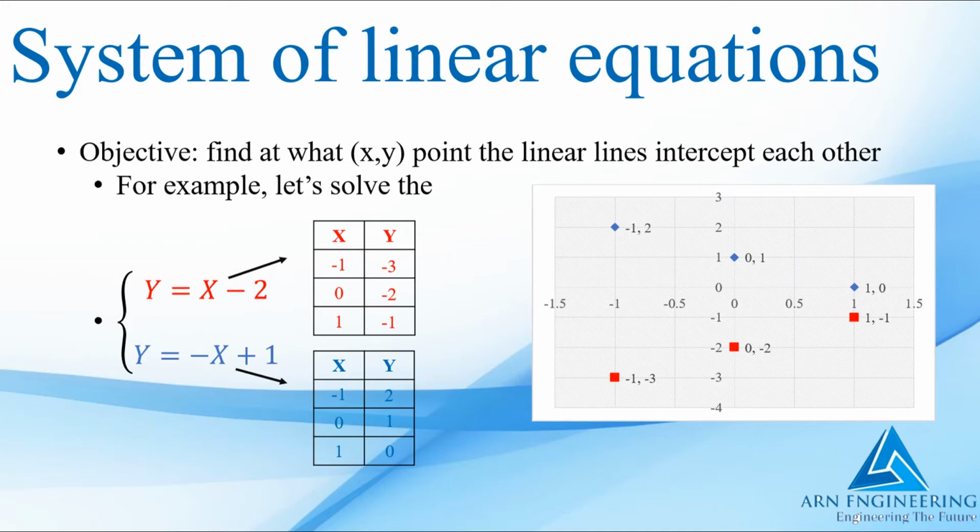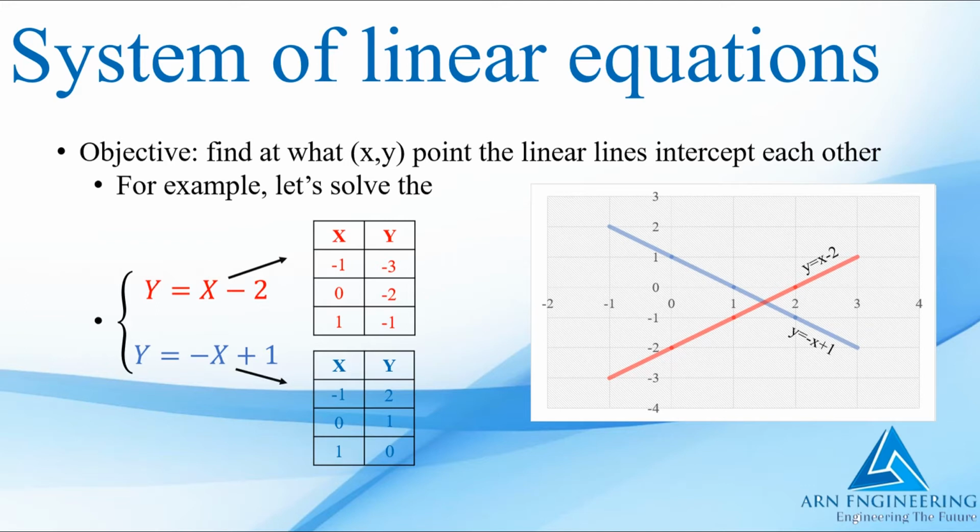Now, as we know, linear equations represent linear lines, and therefore we can connect these points and show our linear lines. Now let's further extend these lines, and as we can see, these lines do intercept each other at some coordinate indicated here.